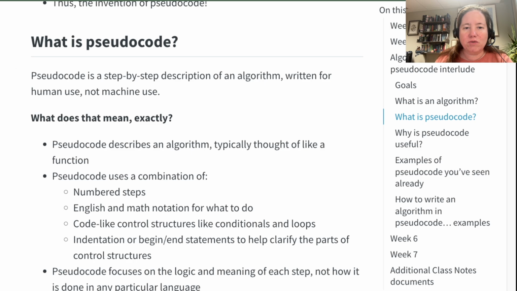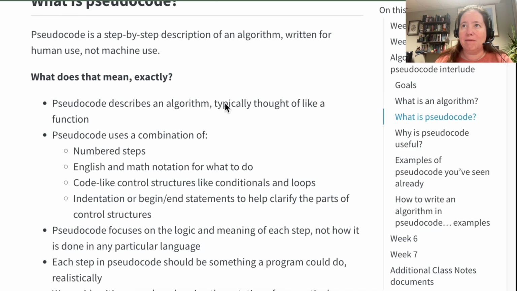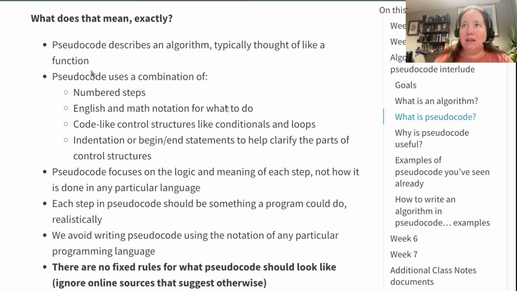All right, so pseudocode is a step-by-step description of an algorithm written for human use, not machine use. So what do we mean by that? It usually describes a single algorithm or process, and often we think about that as a function.